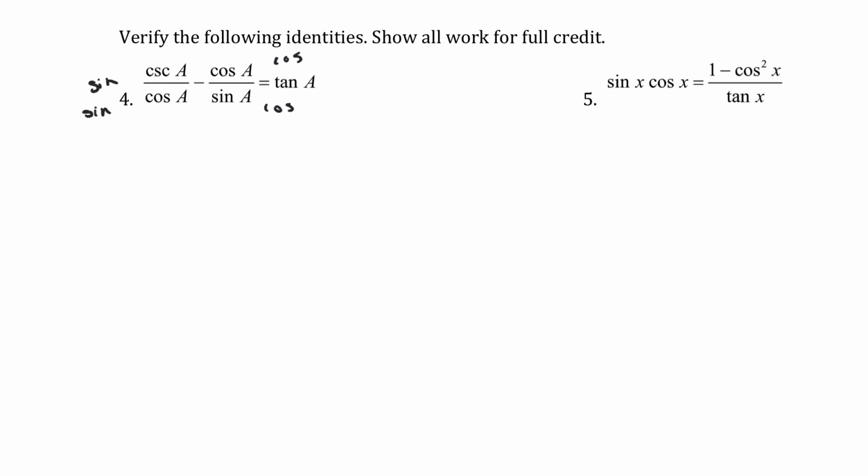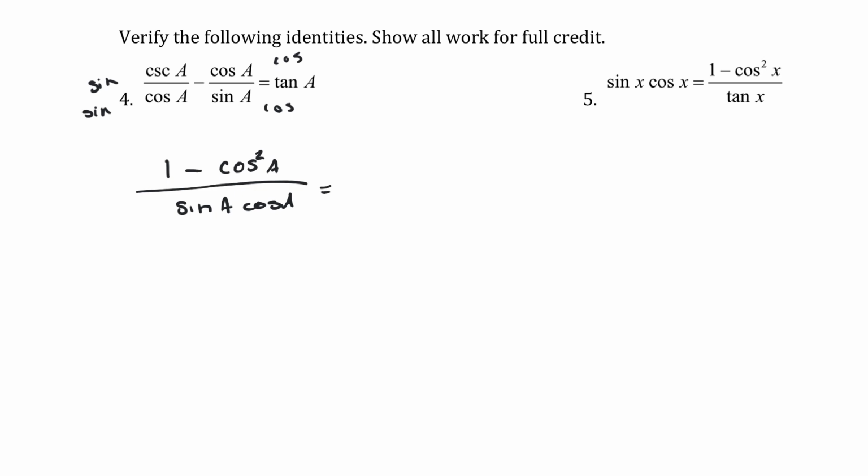Here, what is sine times cosecant? 1, because they're reciprocals, right? Anytime you multiply reciprocals together, you're always going to get a 1. Minus cosine times cosine, that's going to be cosine squared, over just sine cosine with the same denominator.